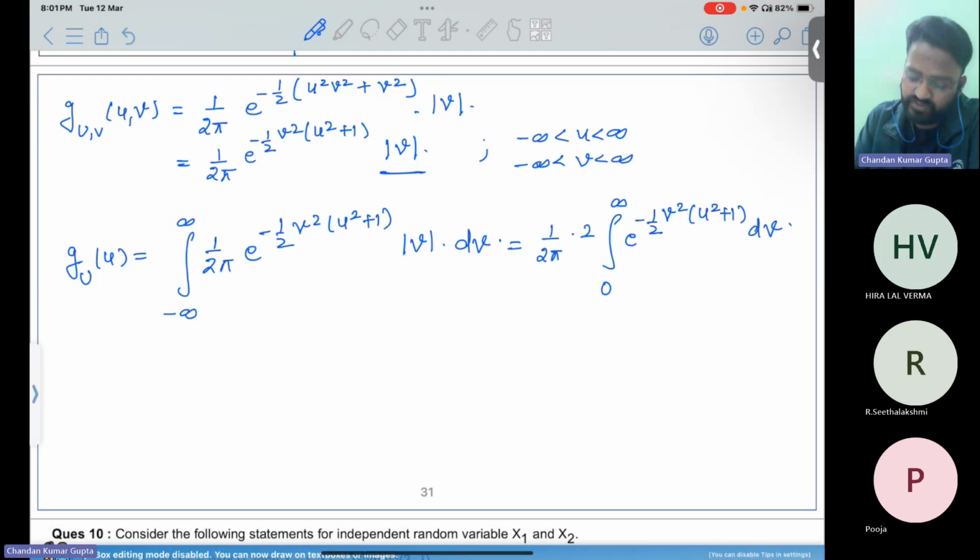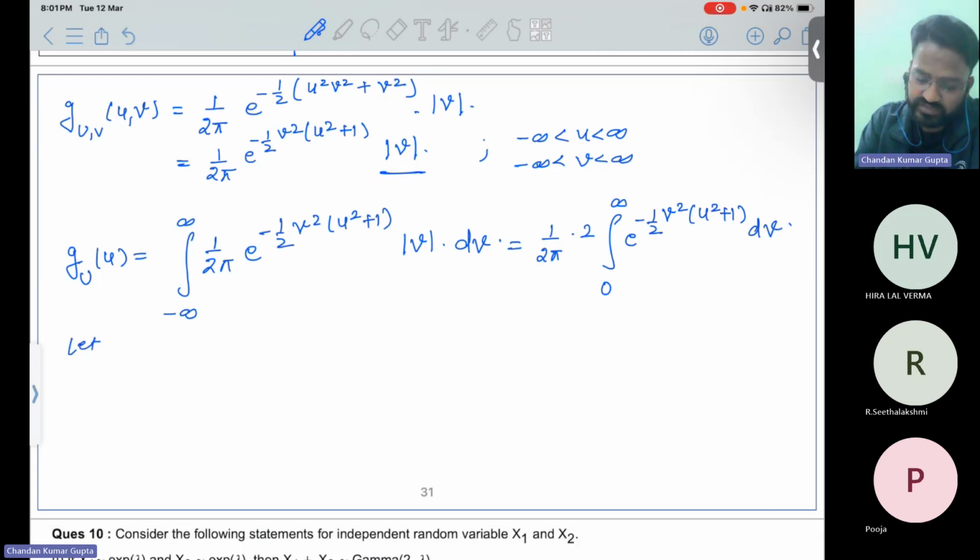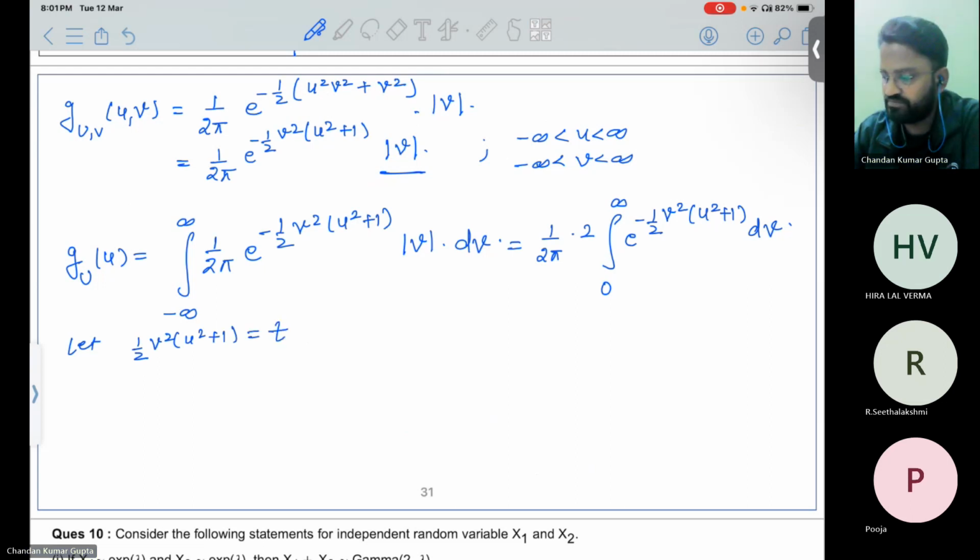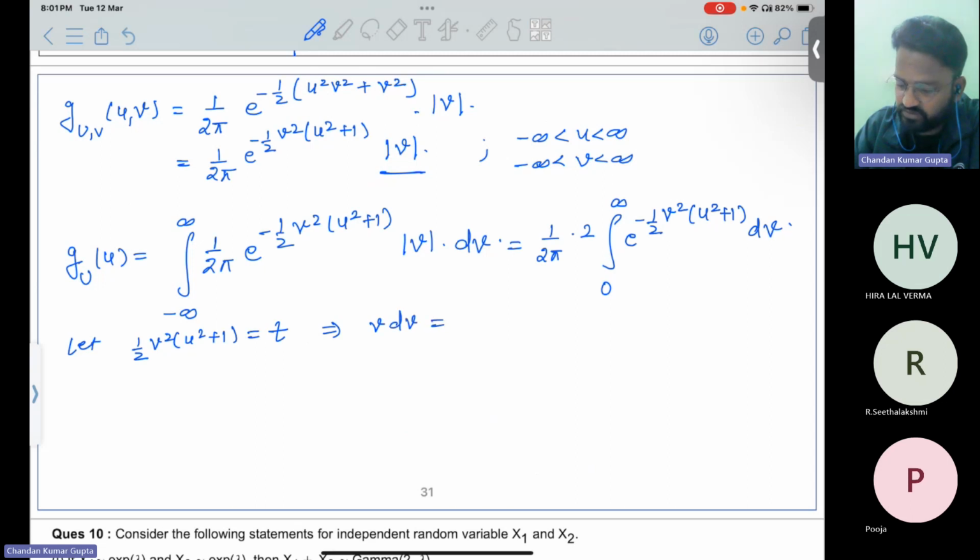Now put 1 by 2 v square, u square plus 1 equal to t. So from here v dv equals dt upon 1 plus u square.